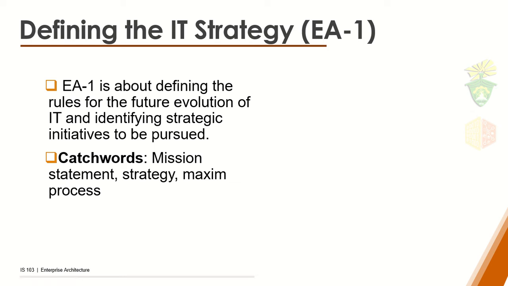Evolving the IT landscape, for example, entails drawing the future information system landscape, which certainly gives a strategic direction. In defining the IT strategy, the catchwords there are the mission statements, the strategy, the maxim process.